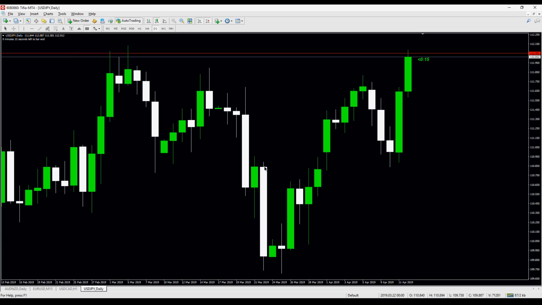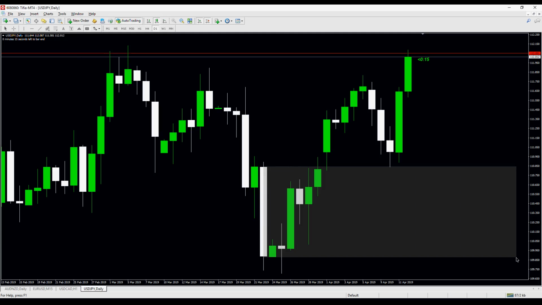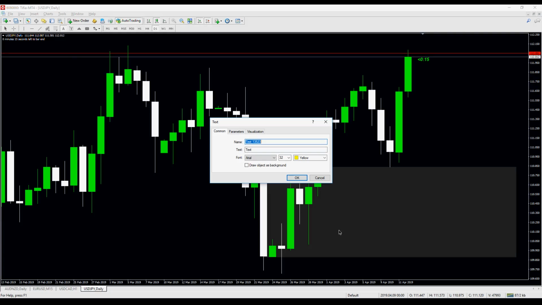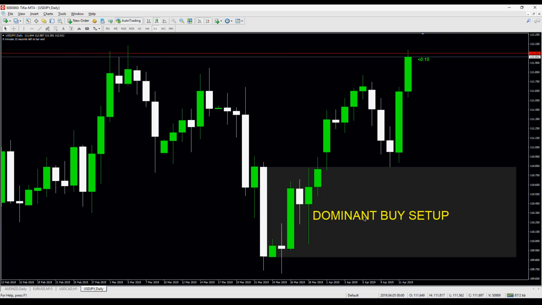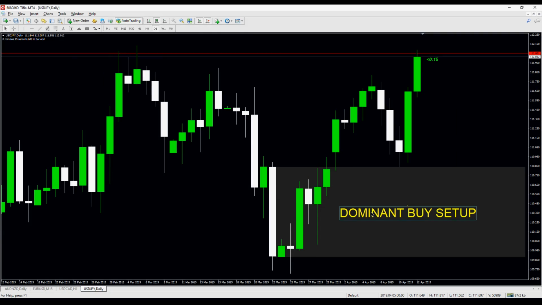We have a dominant setup because there is 1, 2, 3, 4, 5, 6, 7. So there are 3 or more candles that manage to break this area. So this is what we call a dominant buy setup, not a bull or a buy setup.